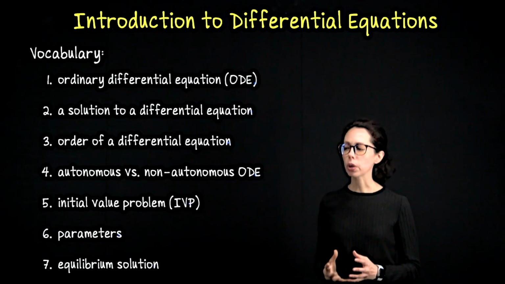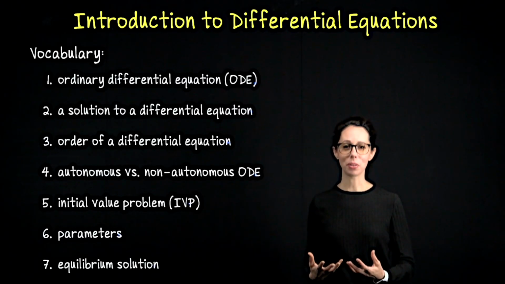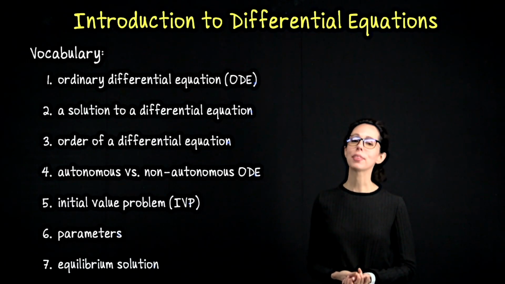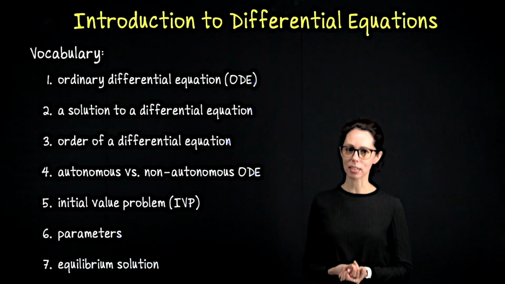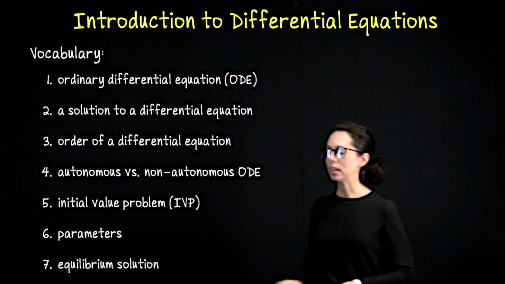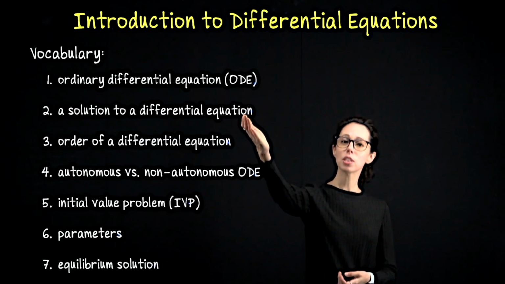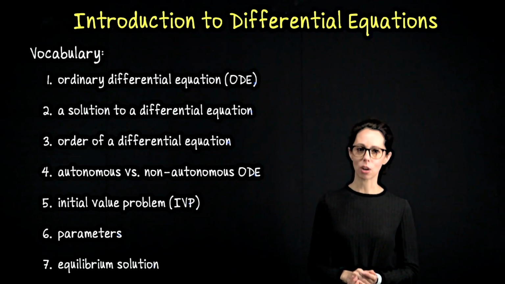Sometimes those look like variables because they're often letters like K or N, but those are usually constants in different contexts. And then lastly, an equilibrium solution to an ordinary differential equation is a solution which is constant over time.